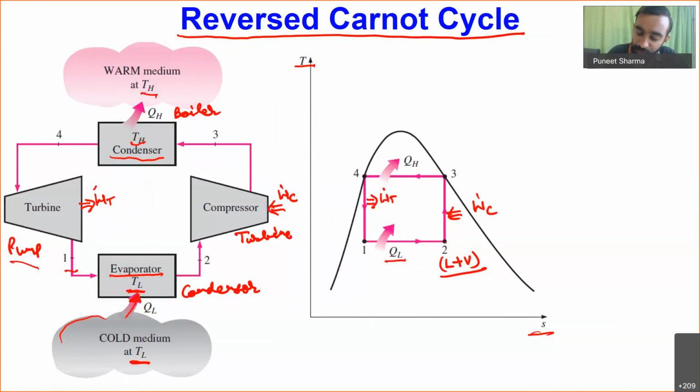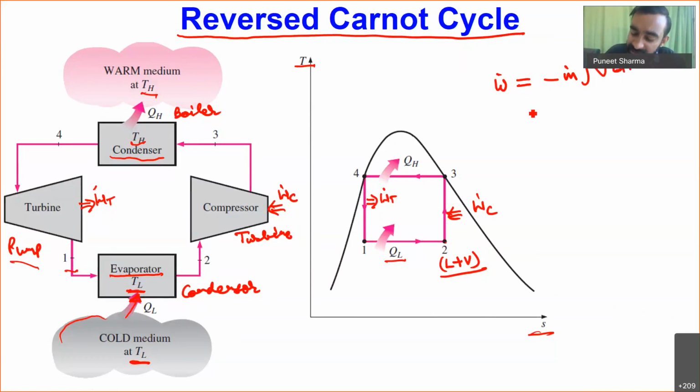So in case of an open system, the rate of work done is equal to minus m dot into integral of VdP. Okay, so this is the rate of work done.